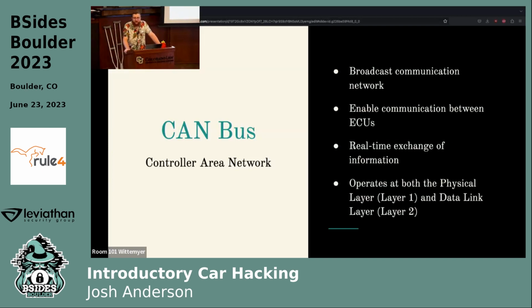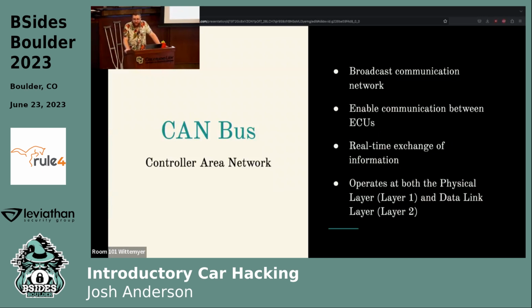These can be responsible for things like engine operation, your car's transmission, braking, steering, infotainment, and much more. It operates in real time and is robust, reliable, and efficient. That is why car manufacturers use it so often: the robust, reliable, real-time communications that it enables.